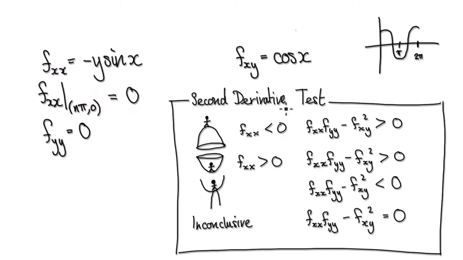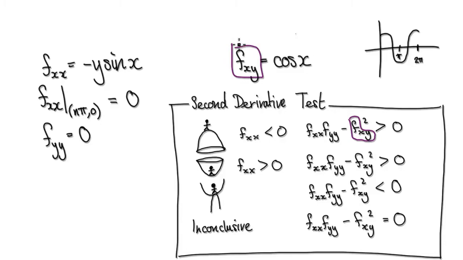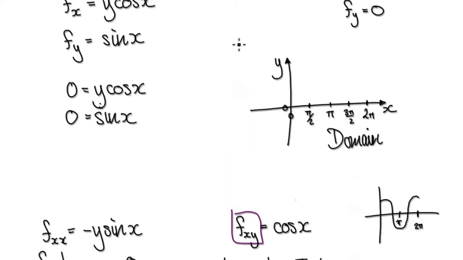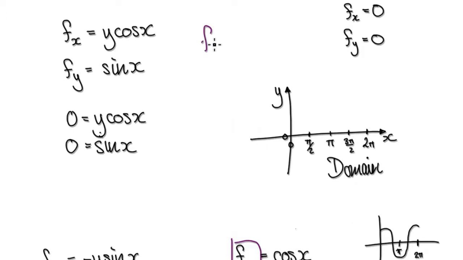And then for the second derivative test, we need to know fxy. Remember, fxy is the same as fyx. We've done this before. Both methods will lead you to the same answer.